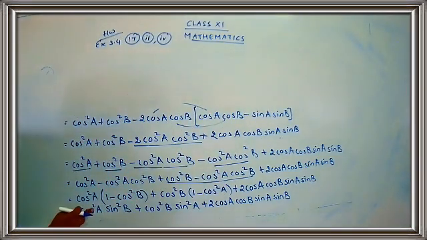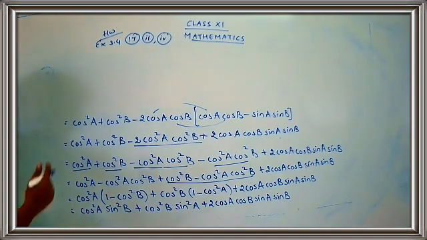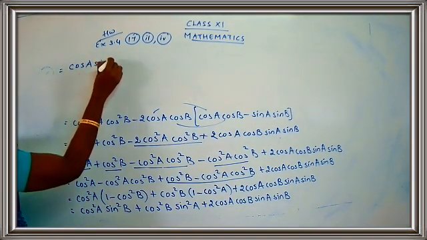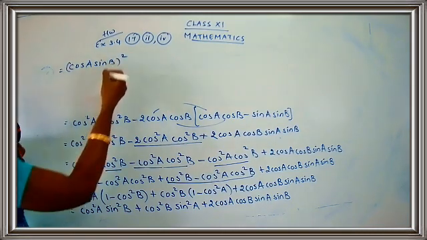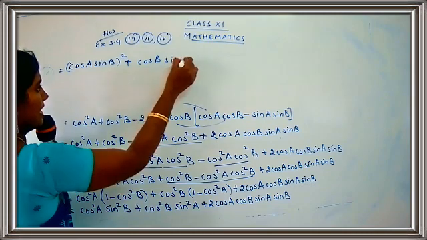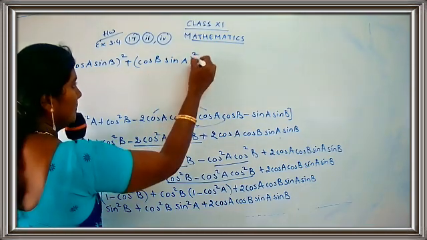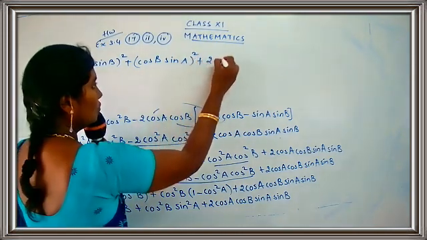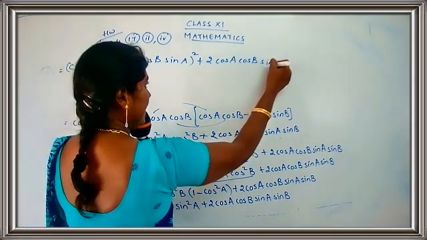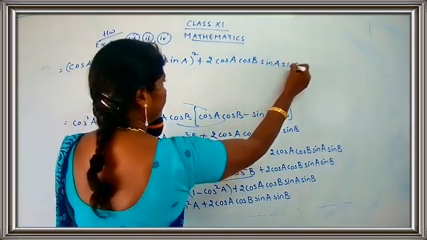Now this is square. So I'm just going to write this down as cos A sin B the whole square plus cos B sin A the whole square plus 2 cos A cos B sin A sin B.